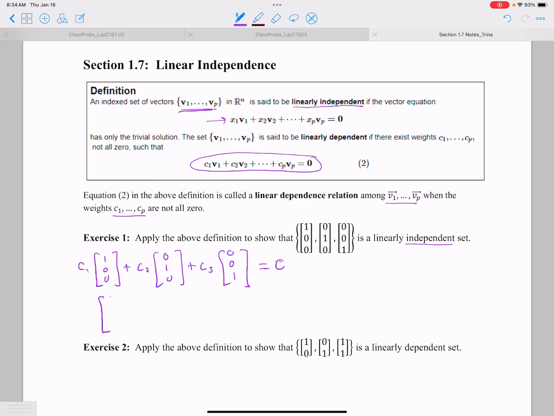To solve this, I'm going to put it into an augmented matrix. Notice it's already row reduced, so we can see here that this row tells us that C3 is 0, this row tells us C2 is 0, and this top row tells me C1 is 0. So because C1, C2, C3 are all 0, this is a linearly independent set.